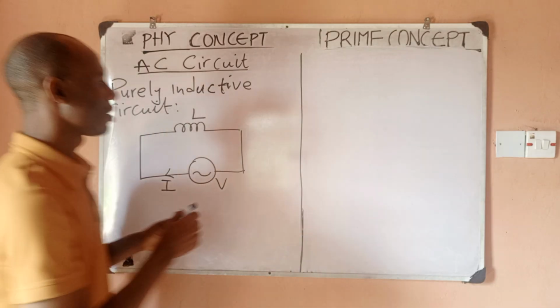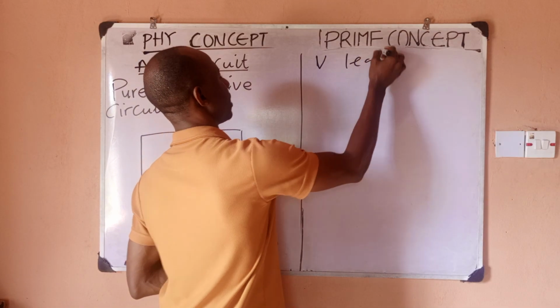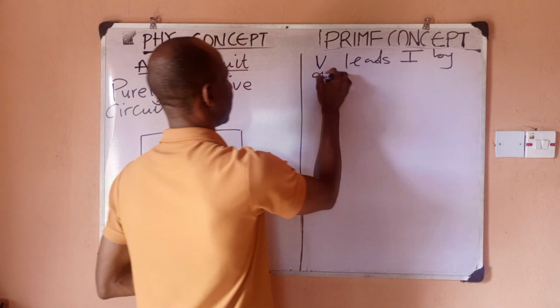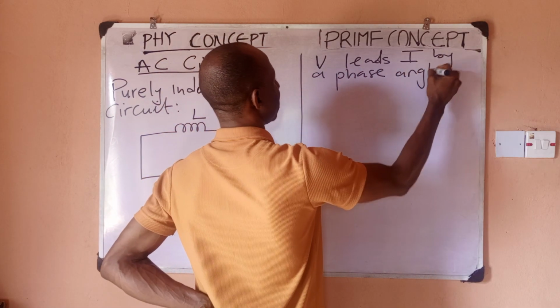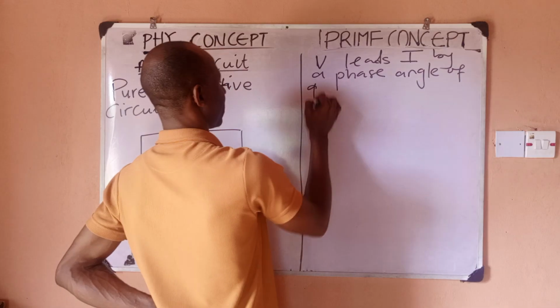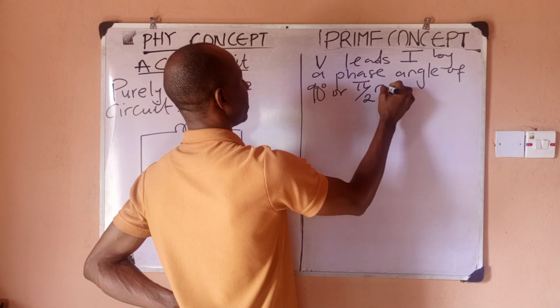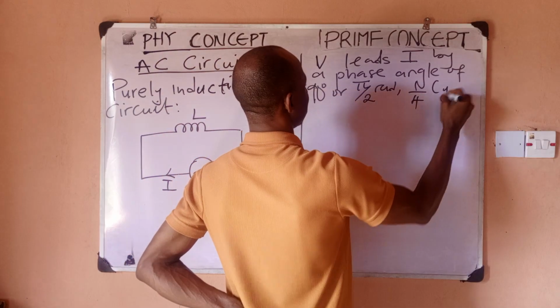For a purely inductive circuit, voltage leads current by a phase angle of, you can say, 90 degrees, or pi over 2 radians, which is the same as 90 degrees, or you can say 1 over 4 of a circle.